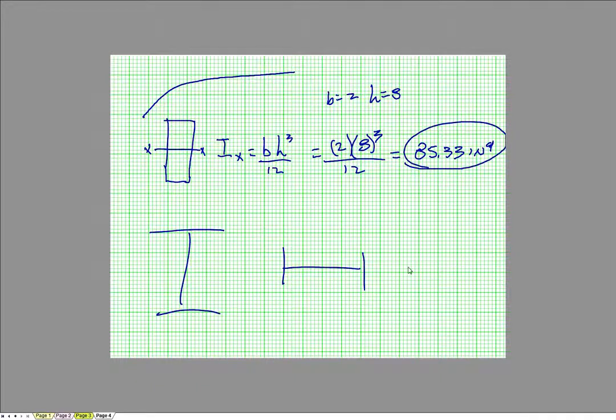So in this orientation, 85, right? If I laid this 8-inch piece down this way, it's now 8 inches by 2 inches that way. This is now the base, that's the height. So the moment of inertia would now be 8 times 2 to the third divided by 12, and that equals 5.33 inches to the fourth.